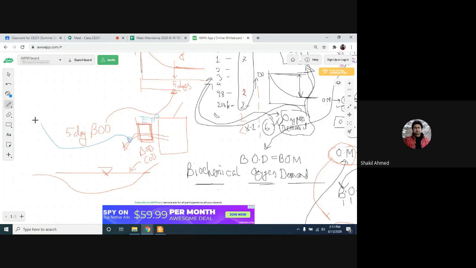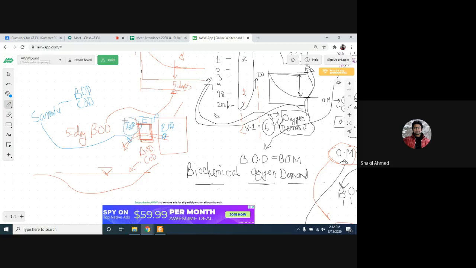We collect the sample and then we measure BOD, COD to check whether this is being reduced or not. You collect the sample before ETP and after ETP, you measure the BOD, COD, and you compare them.